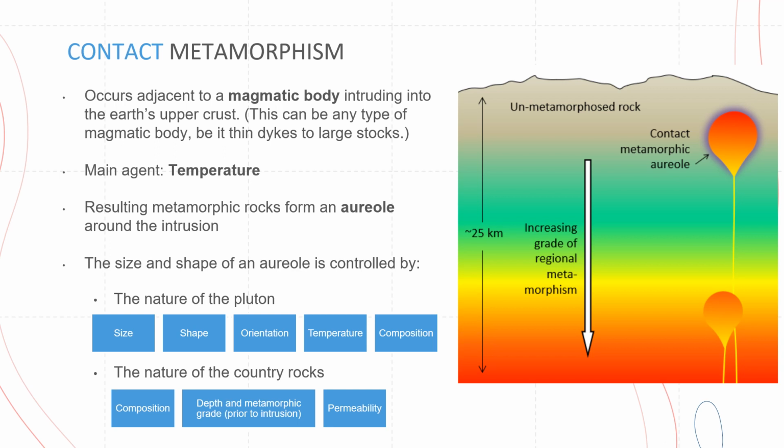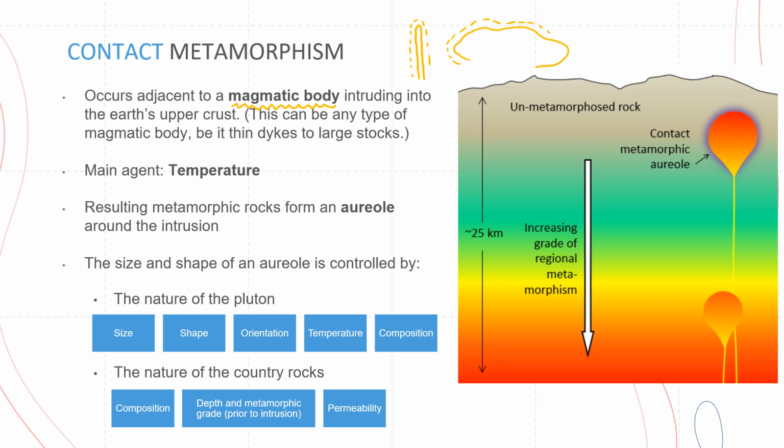As you may recall, contact metamorphism occurs adjacent to magmatic bodies, where it gets its main heat source from. And magmatic bodies refers to any type, be it thin dikes, so it can be around dikes, or even large stocks.